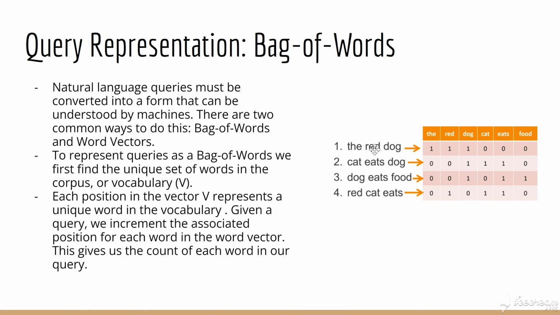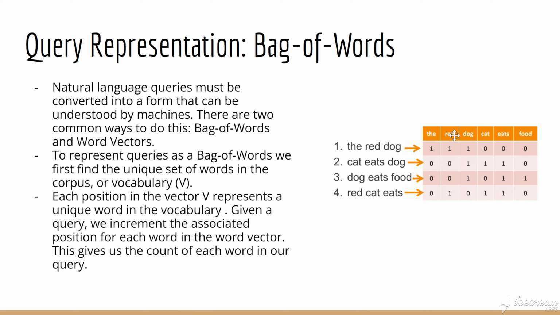And so when we're given a new query, what we can do is essentially just keep score in terms of how many times each word appeared in the given query and increase that particular index in our vector V by that count. For example, we have the red dog.